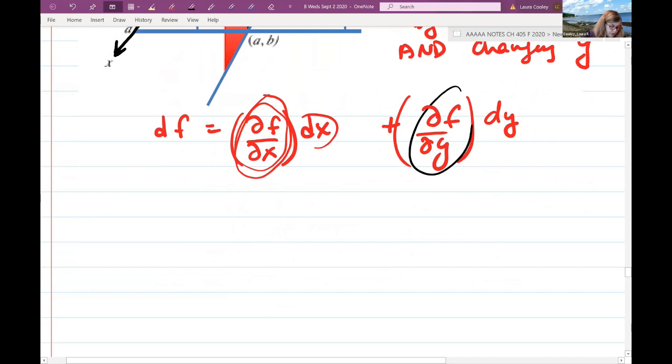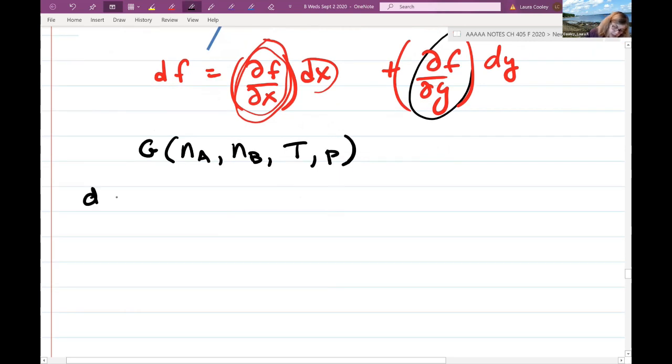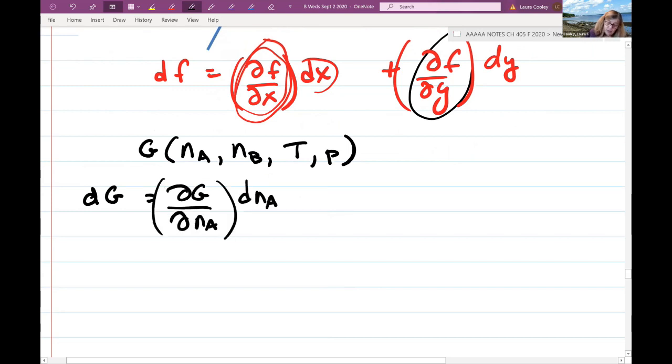Okay, so let's suppose you have the Gibbs free energy, which depends on moles of A, moles of B, temperature, and pressure. You would be able to say the change in the Gibbs free energy is the partial derivative with respect to Na times the change in the moles of A, plus, if you change moles of two things, a derivative with respect to that.